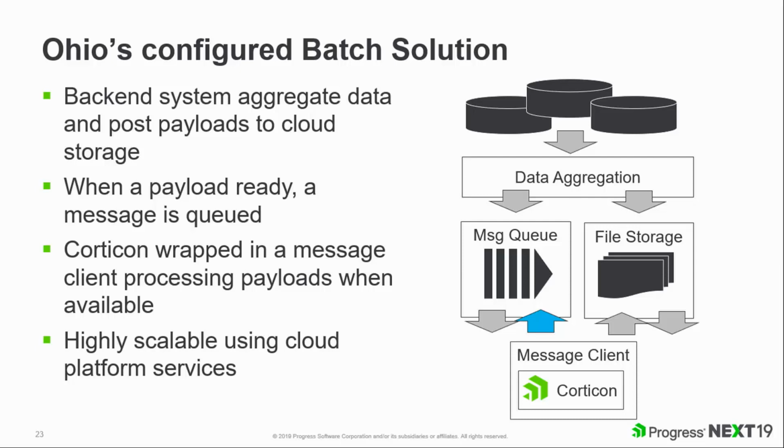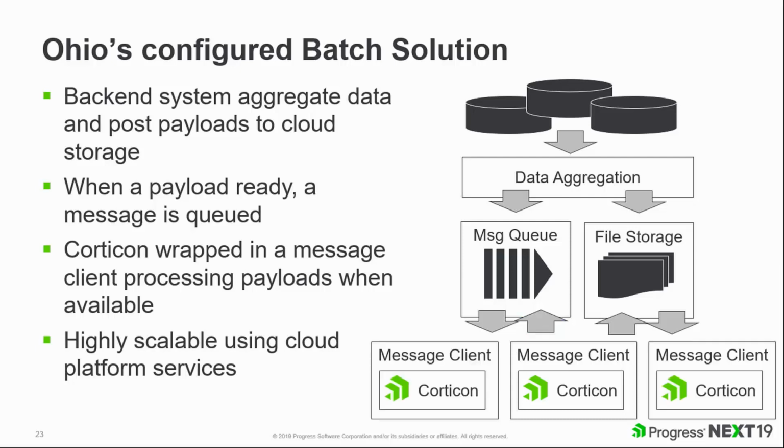What's great about this solution is that it's really highly scalable. They can take advantage of all of the cloud services that are there for managing the scalability. Our approach to elasticity and scalability is that we want to make sure that Corticon can fit within the cloud services that you're using, the virtual infrastructure that you have in house, whatever it is.